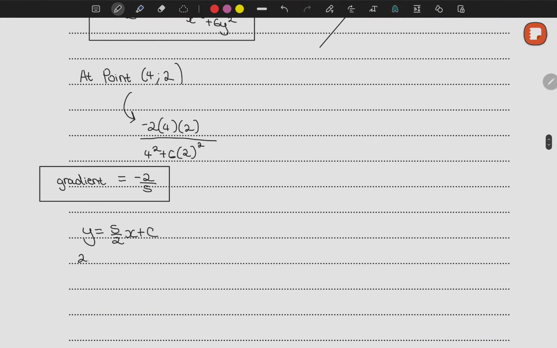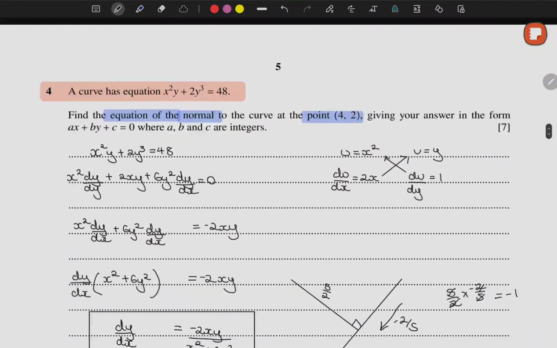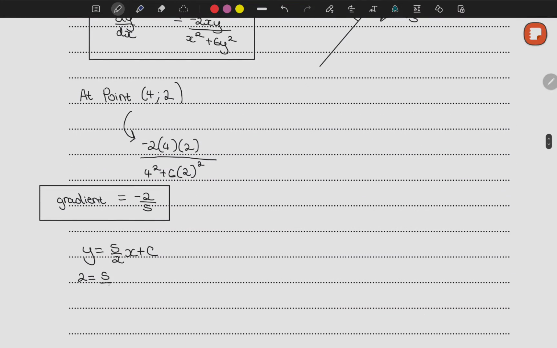So we can say 2 is equal to 5 over 2 times 4, where the x coordinate is 4. 5 over 2 times 4 is just going to be 10, because the 2's cancel out, plus c. So that means c is equal to negative 8.